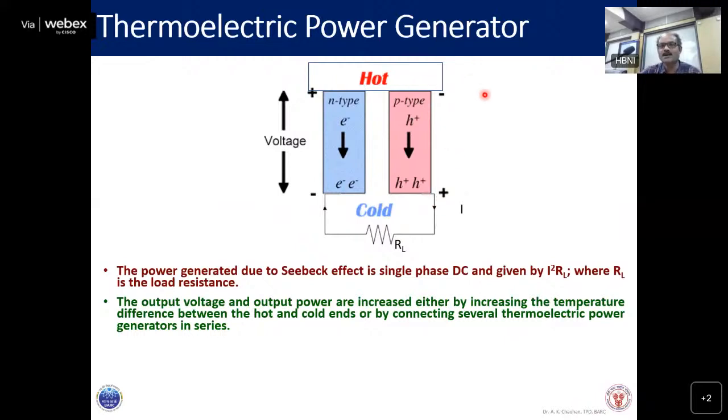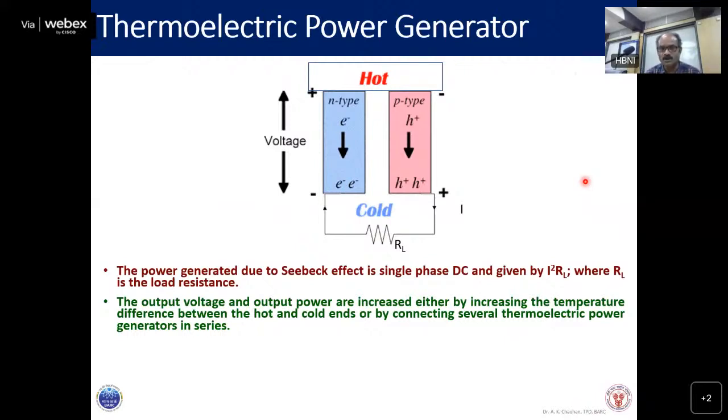Another thing is that some current is flowing. If you have another such device exactly similar, you put it here and connect both of them in series, then the voltage will be doubled; if you connect both of them in parallel, then the current will be doubled.